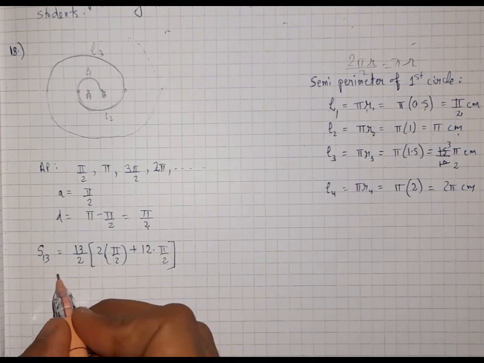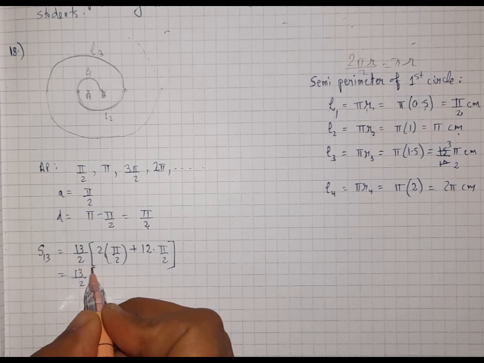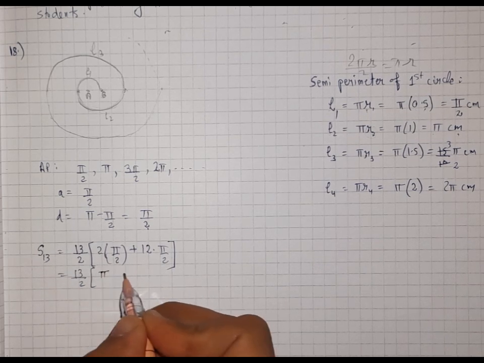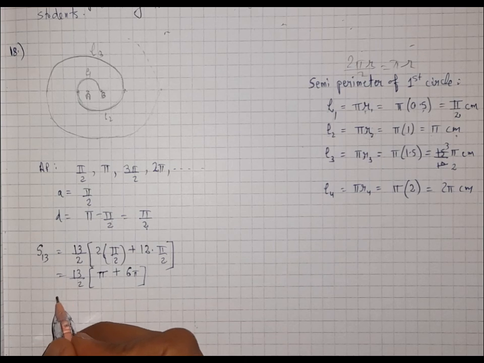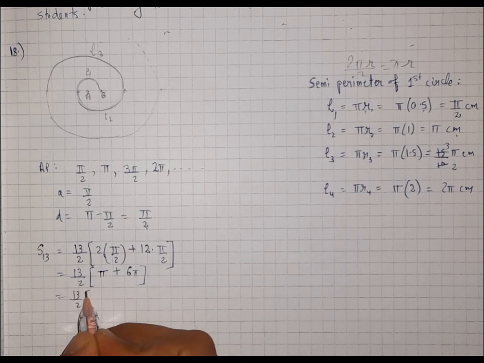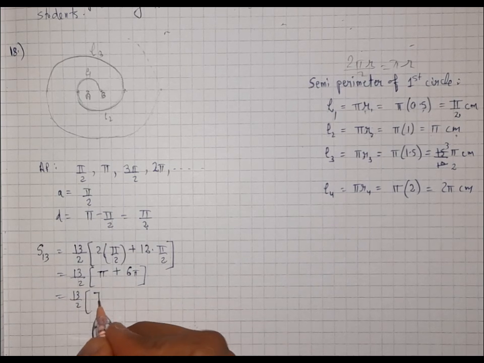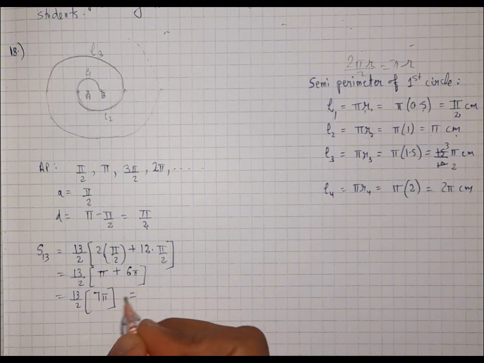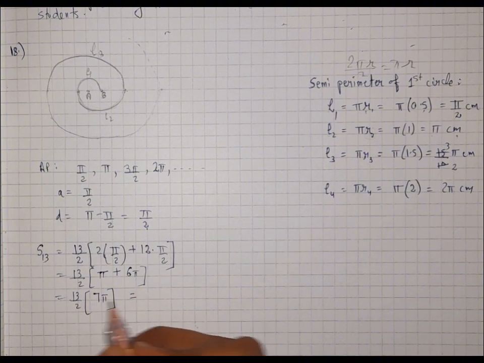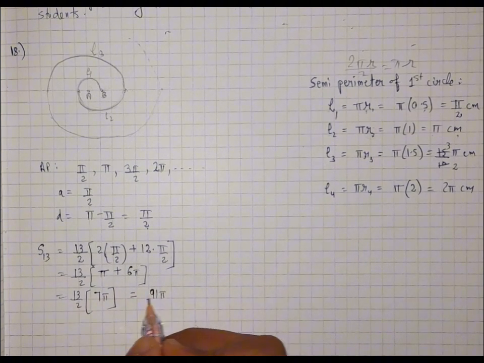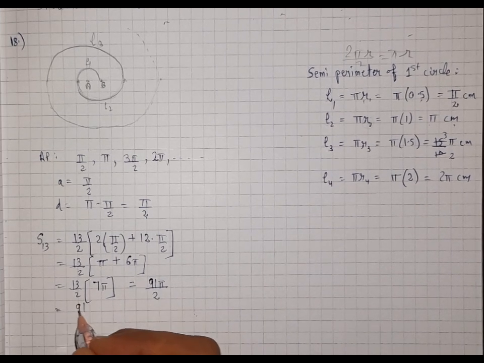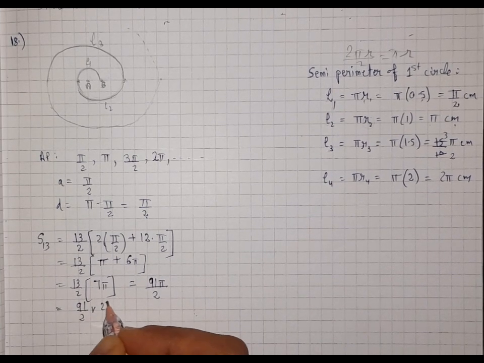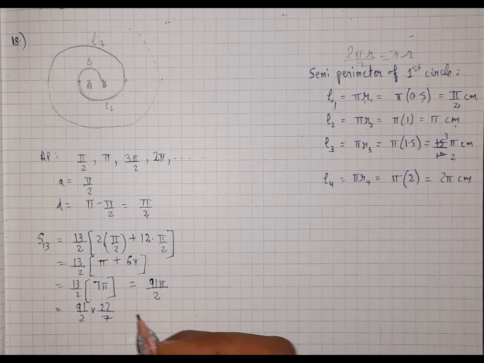2 and 2 cancel out. 12 upon 2 equals 6, so 6 pi. Now pi plus 6 pi equals 7 pi. 13 into 7 equals 91 upon 2 into pi, where pi equals 22 upon 7.